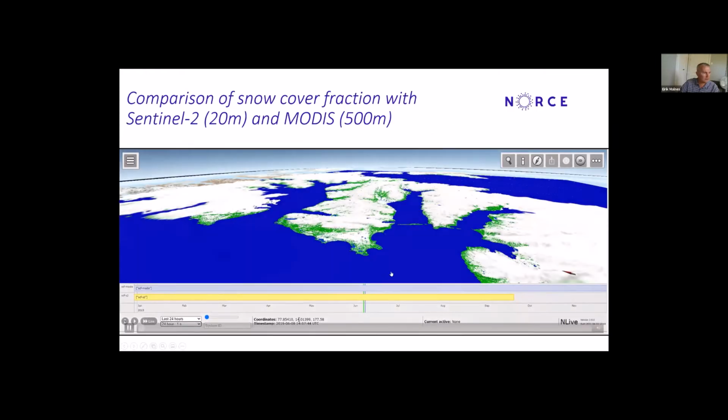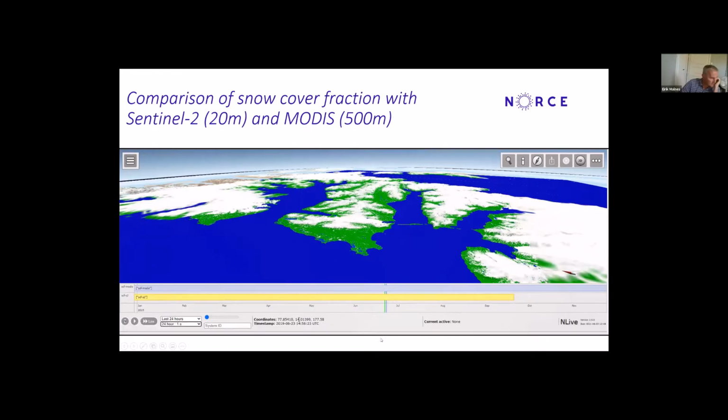So here is an example where we can look at the snow cover fraction in Svalbard for a period in June, July. I don't want to run the whole movie. This is in June, July.